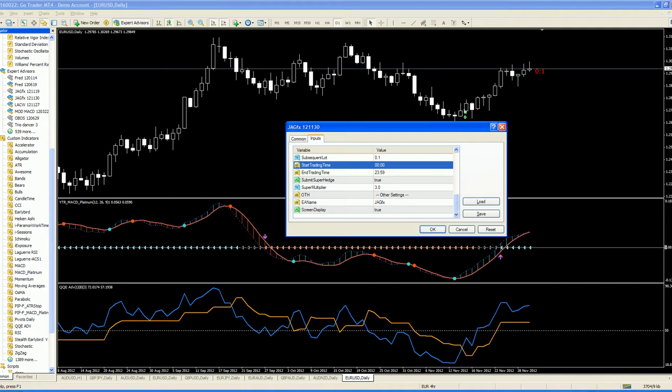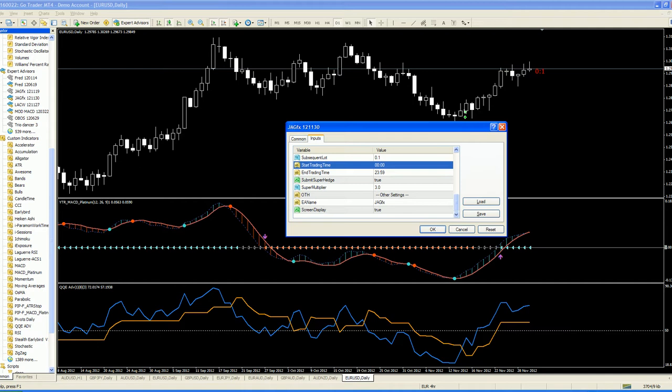Now the super hedge, if we were long and we got a complete reversal in signal, what would normally happen is it would start going short, but those long sequence of trades would still be open. Now what a super hedge does is add an extra trade that's a larger size, a multiplier of the last trade.